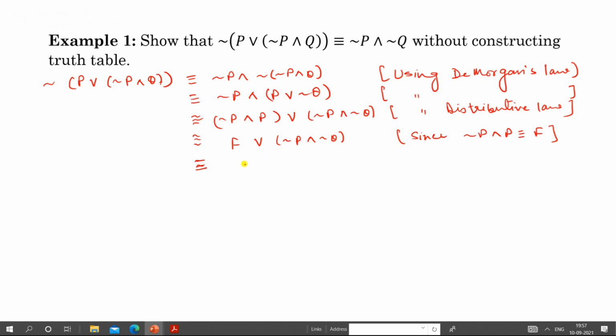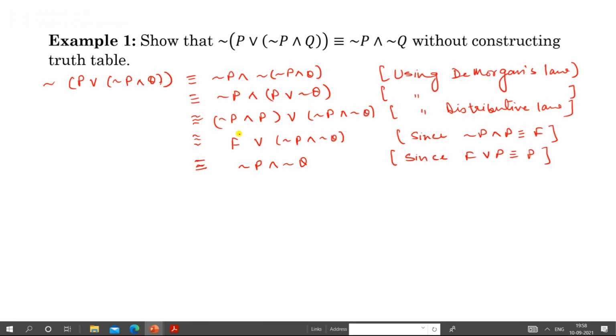So this is equivalent to negation P and negation Q. Since F or P is equivalent to P, in this way, this is the right hand side, negation P and negation Q.